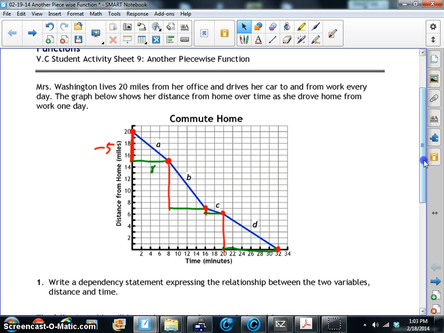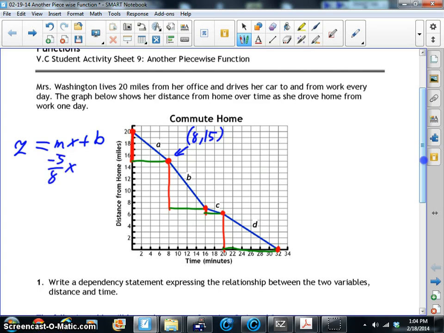Alright, now we already have our slope. So to find the line, you have several different techniques that we can use. If you want, you can use slope-intercept form. We have y is equal to mx plus b. You can use that. We just pick a point that's on this line, so I'm going to pick this particular point, which is at 8, 15, and we're going to find our line. So we have our slope, which is negative 5 over 8. Well, we don't need that x anymore.